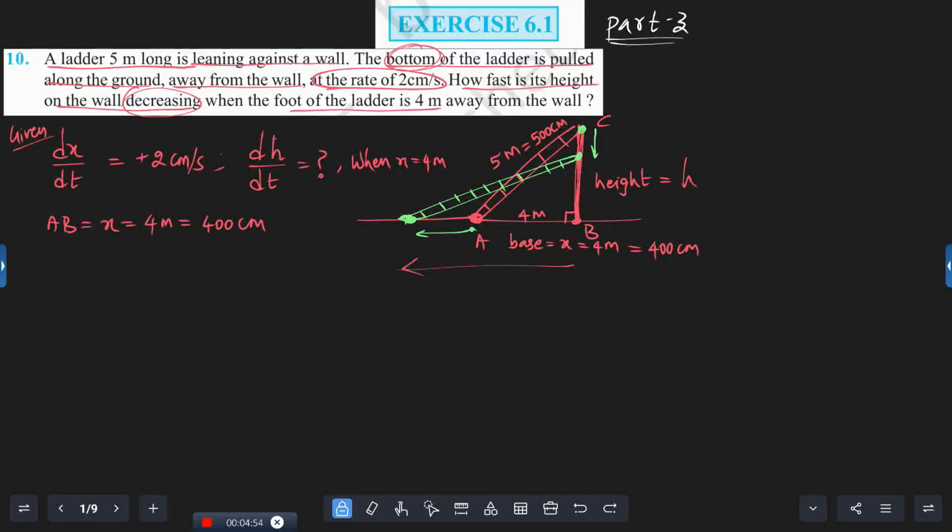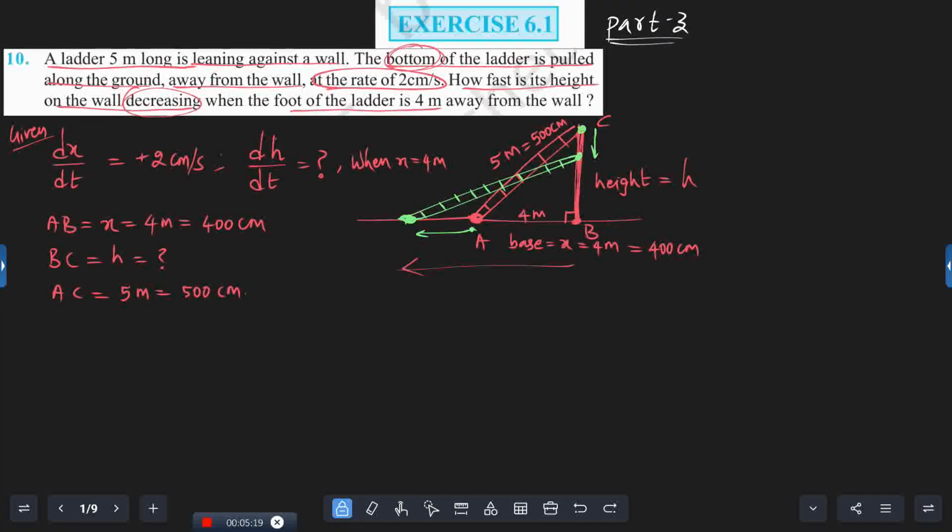Height, that is BC, we have taken as h. H we don't know, we have to find. Next, AC, listen children, AC is equal to 5 meter, that is hypotenuse, that is 500 centimeter.